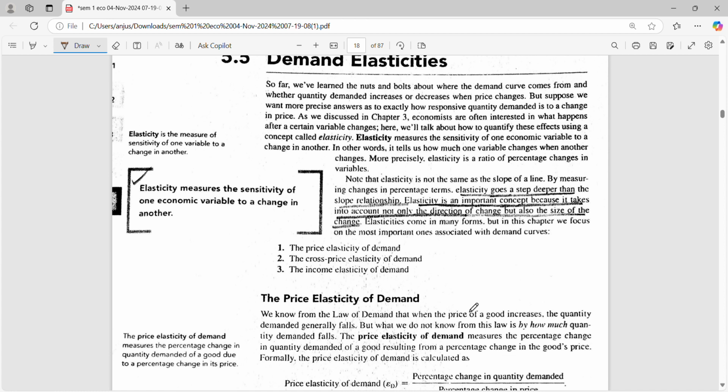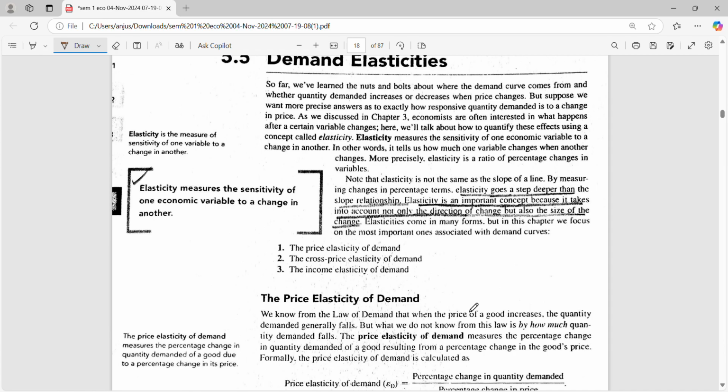These factors can be price, so that is price elasticity of demand, and when the demand changes with the change in income, that is income elasticity of demand. And cross price elasticity of demand means change with respect to related goods.